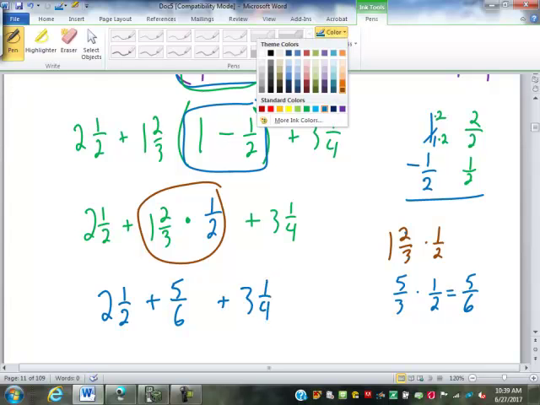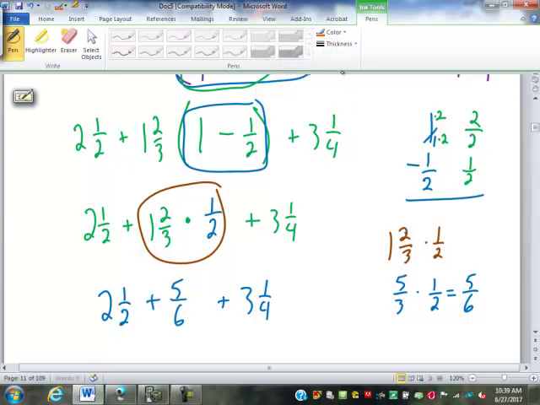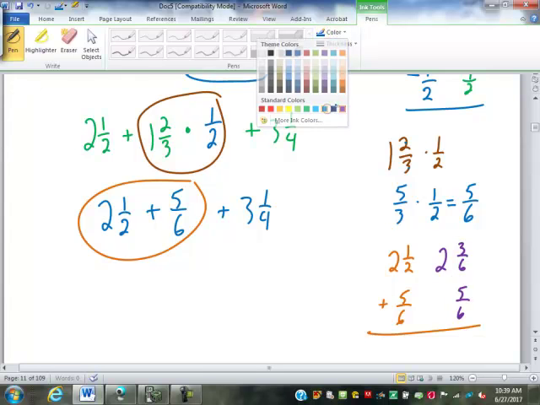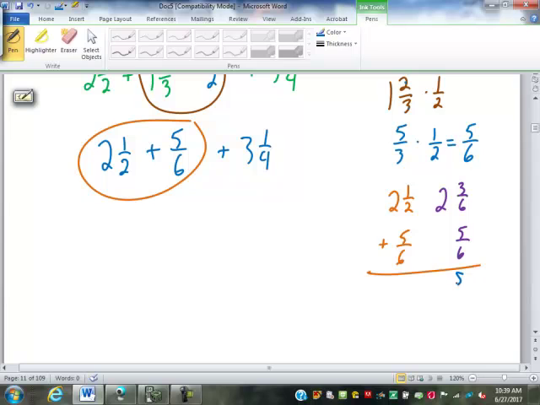Now what? We're going to add left to right. So 2 1/2 plus 5/6. Well, this is going to be 2 3/6 plus 5/6. 6 is our common denominator. We are going to add to get 8/6, which is 4/3, or 1 1/3. So I keep the 1/3 and carry the 1. 1 and 2 makes 3.